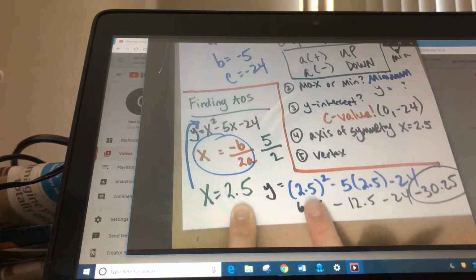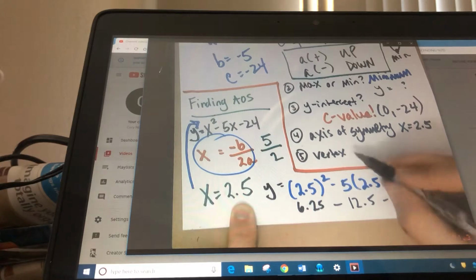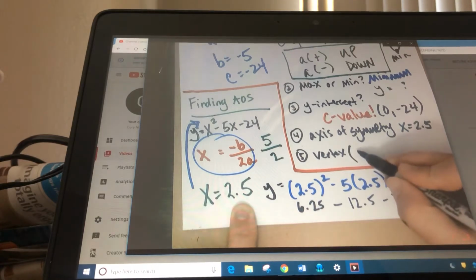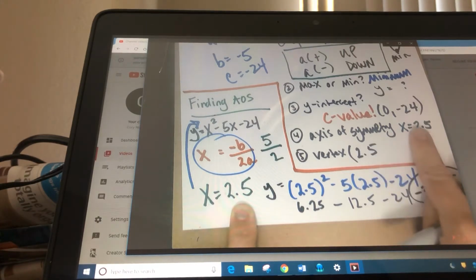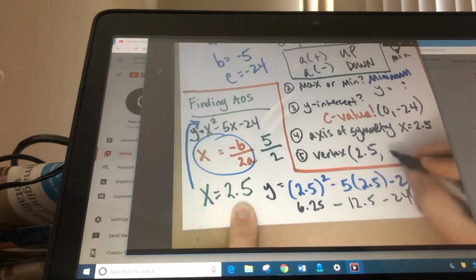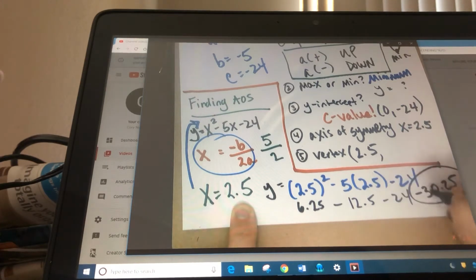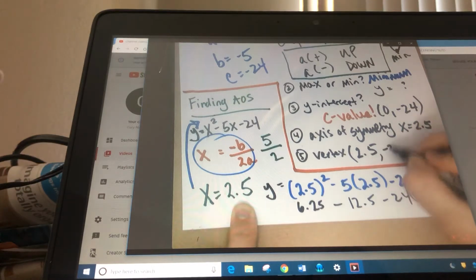So when we replaced the x-coordinate with 2.5, what did y equal? Meaning, what did we get when we did all this? Negative 30.25. So the x-coordinate is 2.5, that axis of symmetry, and the y-coordinate is what we get when we plug that x-coordinate into the quadratic, negative 30.25.